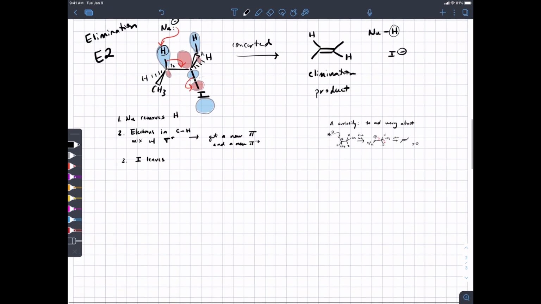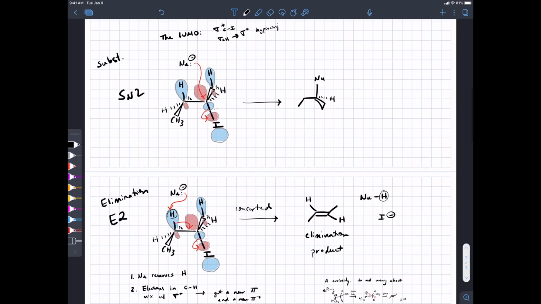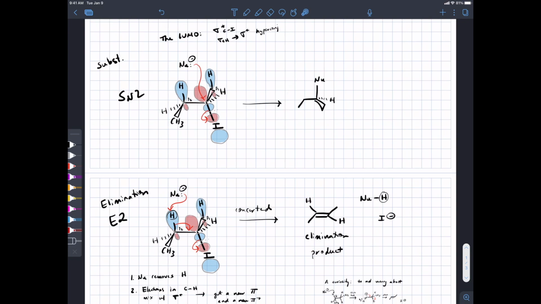Anything else? Yeah. So we're saying that it can do elimination or substitution on the same molecule. Yes. Is one of the options significantly more likely than the other? We're going to see that the answer to that question will depend on the identity of the alkyl halide and the nucleophile.